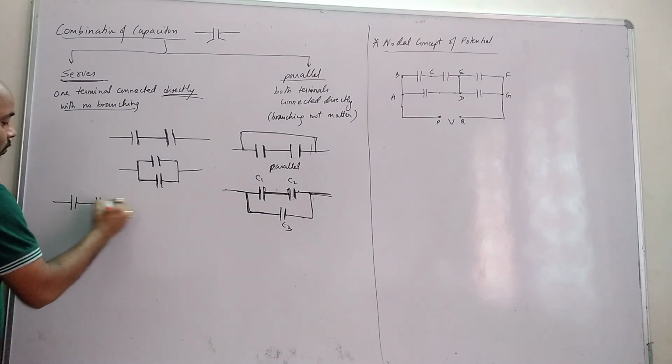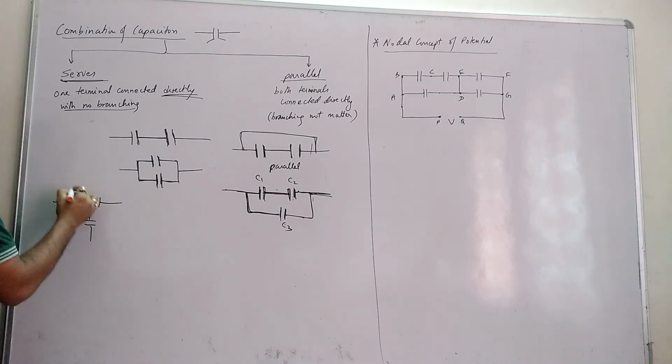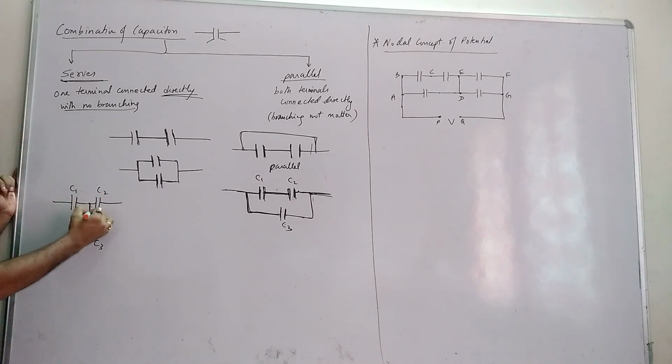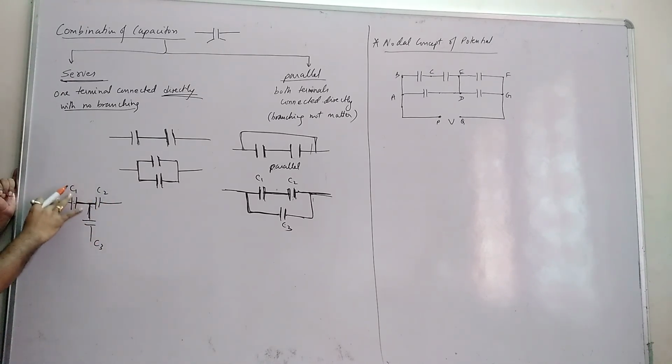If I take it like this, C1, C2 and C3, now check this one. C1 and C2 are directly connected at one terminal, but there is a branching. That means these two are not in series. Parallel भी नहीं है, because the other terminal is not connected. If I check C1 and C3, again only one terminal is connected.